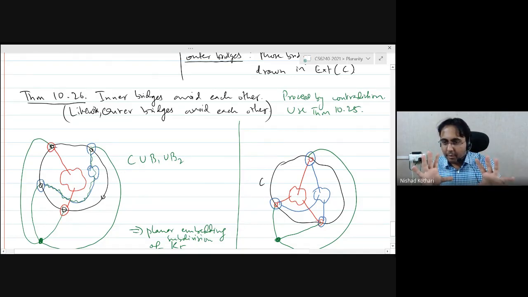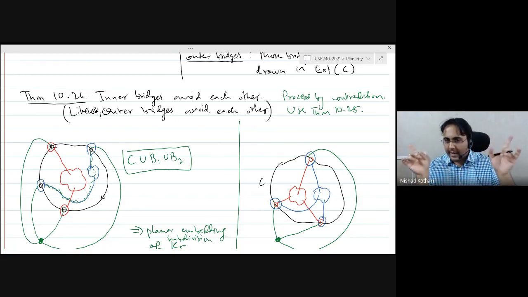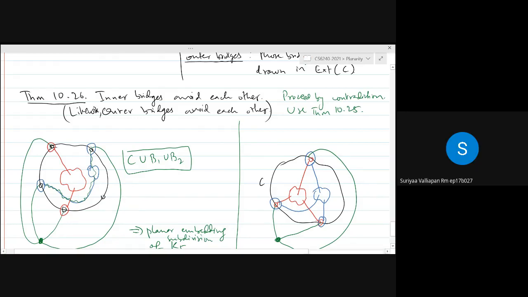That means that they are both drawn inside the closed curve C, right? So what we are going to do is take the graph formed by the cycle and the two bridges. We are going to just take this graph, which means you have this closed curve, you have two bridges inside, but there is nothing outside. Therefore, I can put a vertex outside and join it to vertices on the cycle. You agree? Yes, sir. Right.